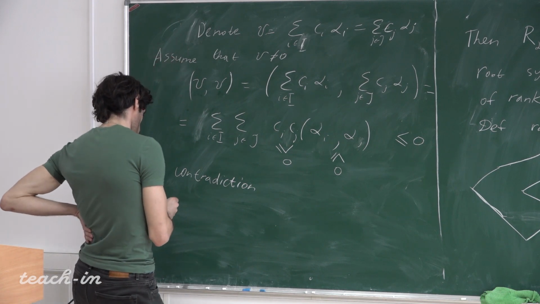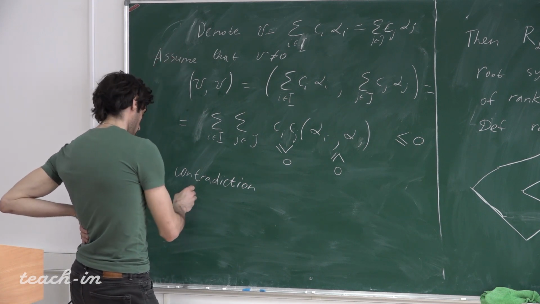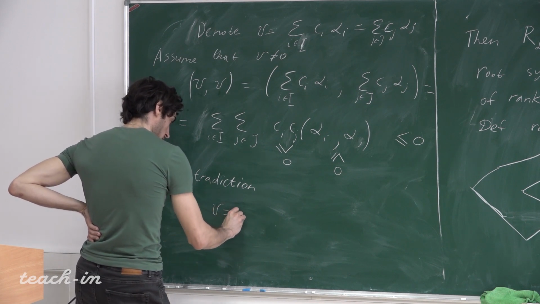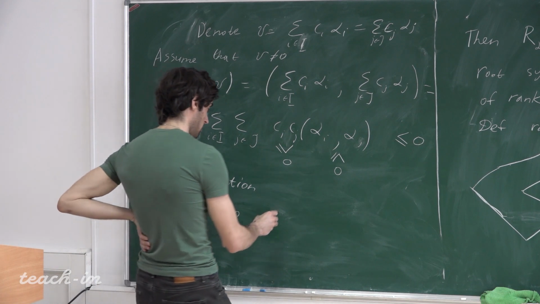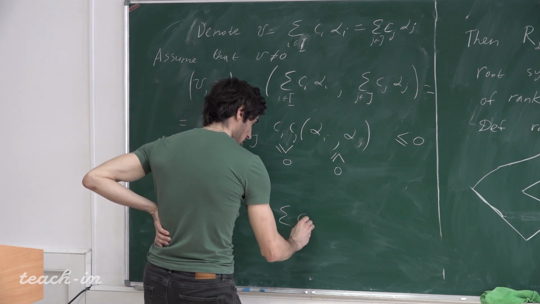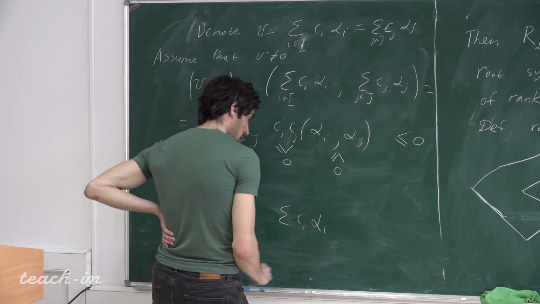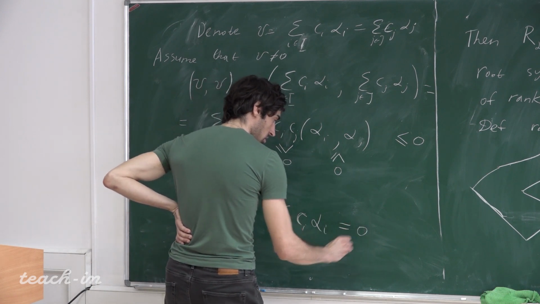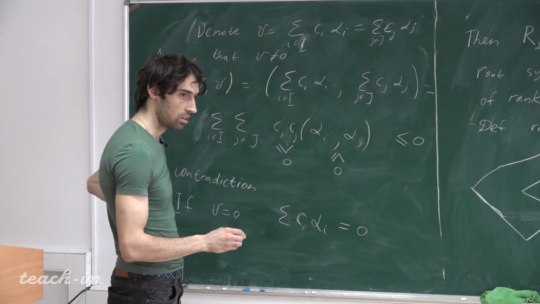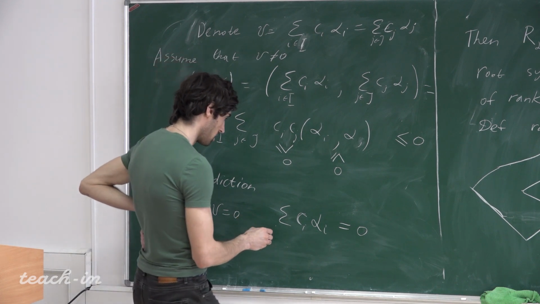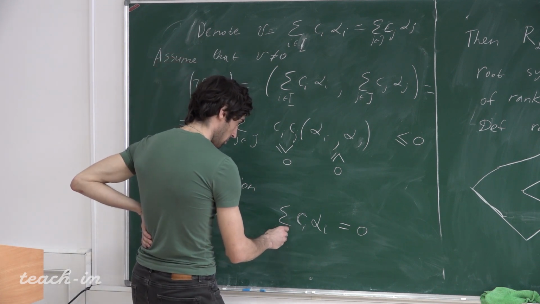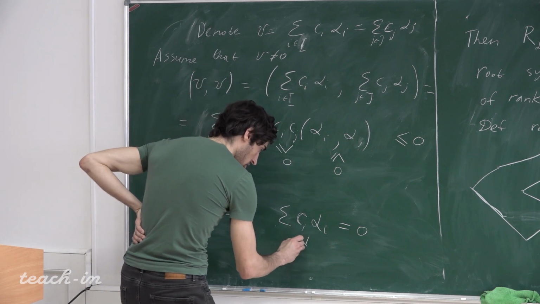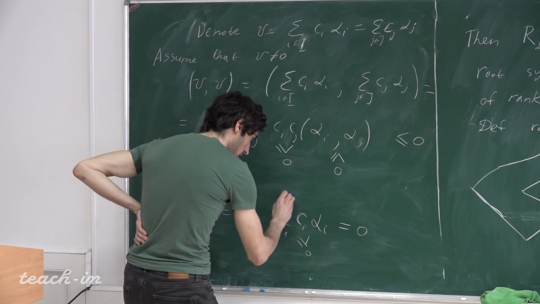So I have to say something about the case when v is 0. Then I have the sum of ci αi equals 0, where these ci are greater than or equal to 0, and i is from 1 to r.